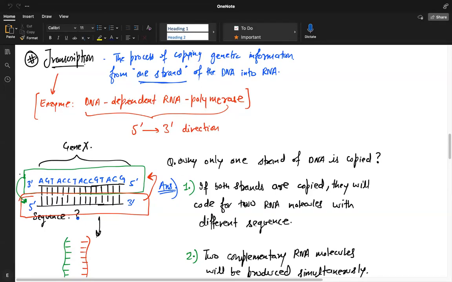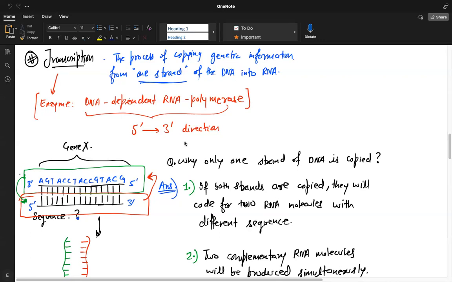Only one strand of DNA is copied because if both strands are copied, then it will code for two different types of mRNA, and they will have different sequences, and hence will produce two different types of proteins. The second problem is that both RNA strands will be complementary to each other. So they will form double strand RNA, which will inhibit the process of transcription and hence will be futile.